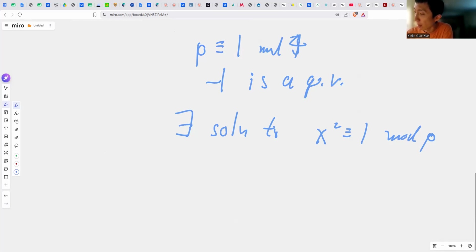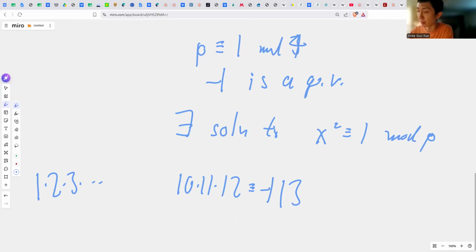So if we take 13, for example, Wilson's theorem says 1 times 2 times 3 and so on, so 12 factorial is congruent to -1.